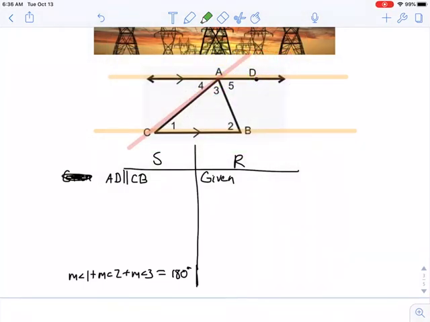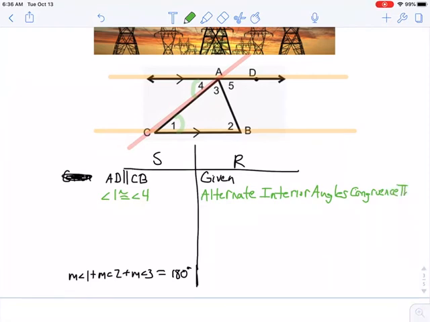Since AD is parallel to CB, I can say, well, angle 1 and angle 4 are congruent. Why? Because they're alternate interior angles congruence theorem.